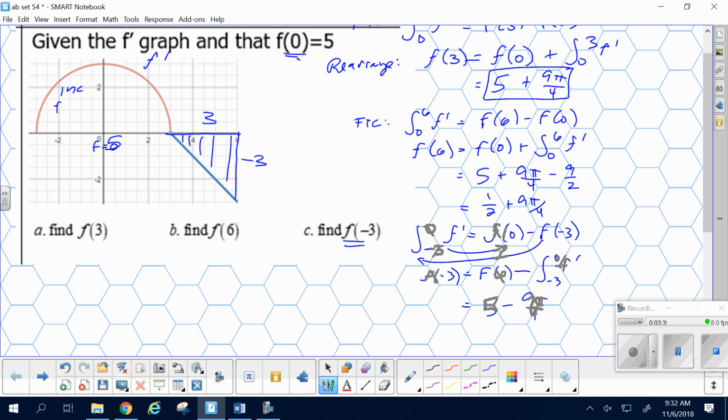So f must have increased. F prime is positive, so f must have been increasing. Well, doesn't it make sense then that if I go backwards, f at negative 3 would be less than where it was at f at 0? You with me? If it increased from here to there, then here it must be less than at that point. And so it makes sense that it's 5 minus. Okay. All right, that's it.